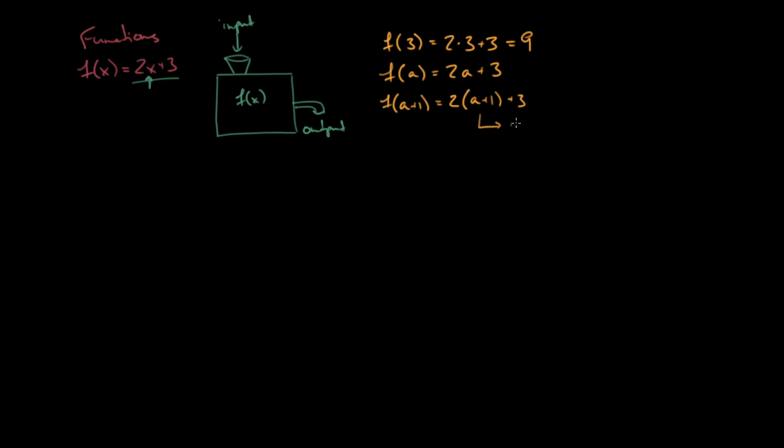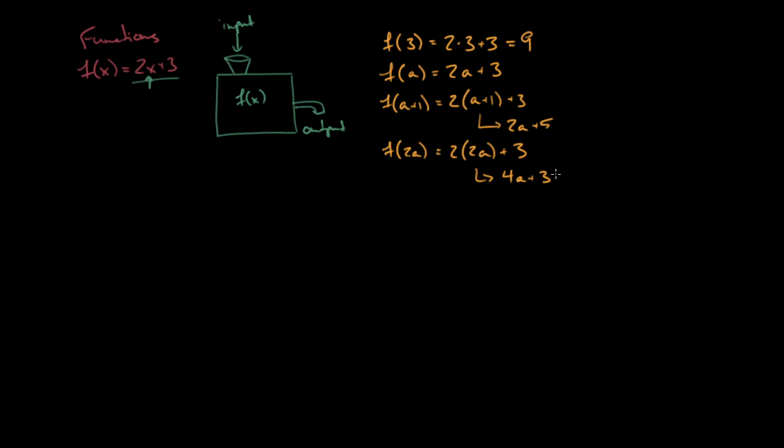If I want to simplify this, this would be 2a plus 5. And then I could even plug in f of 2a. Same thing: this is going to be 2 times 2a, plus 3. And so this would simplify to 4a plus 3.